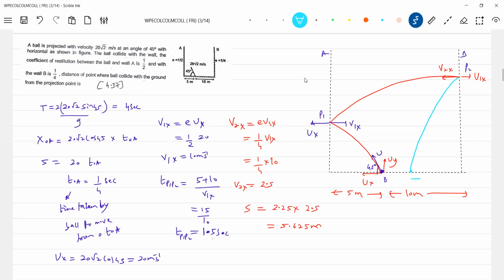So it will finally land here. X_P2P3, you write it, from the point of projection. Okay, now he's asking that the distance OP3 has to be determined.